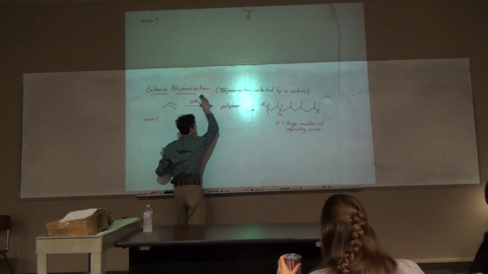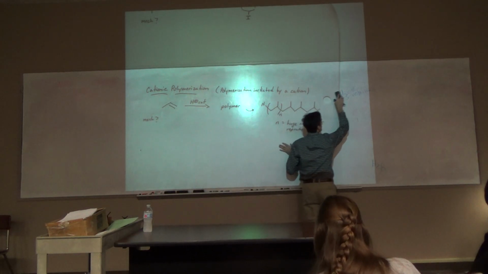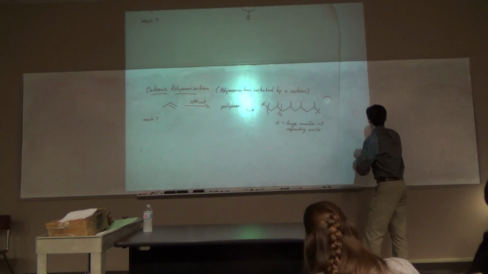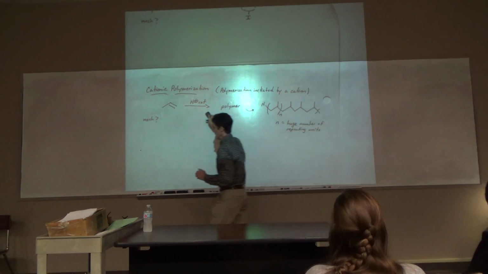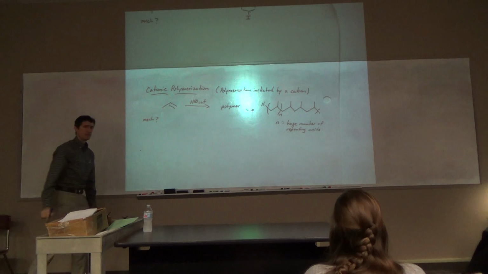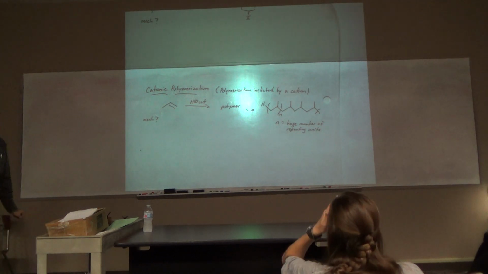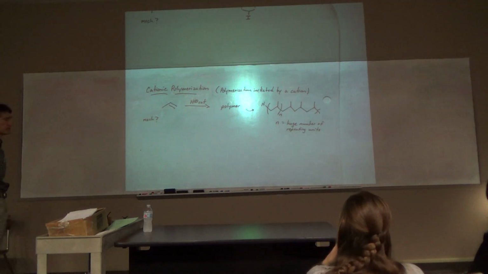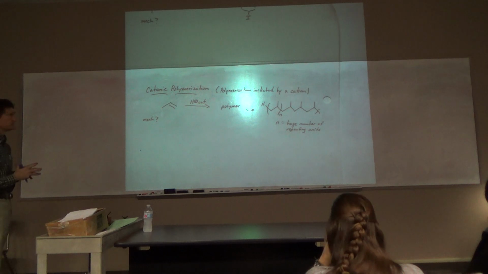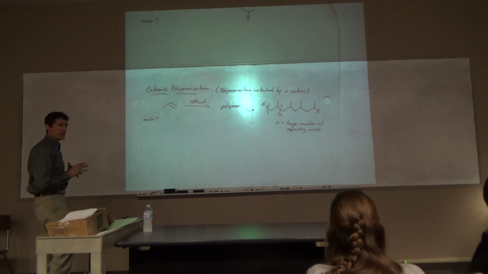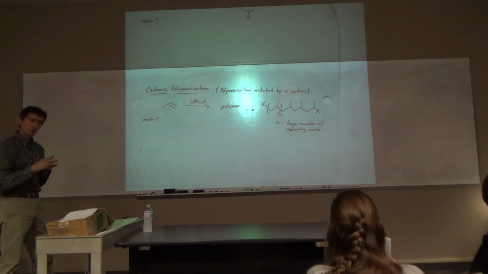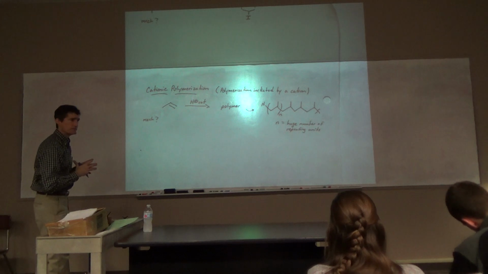Themes that will be used as we move forward to create a cohesive story. Not just 10 individualized, memorized things that have no meaning, but we're building a story here of how to do reactions. Different types of reactions, but each type is not something brand new, it just fits the trend.